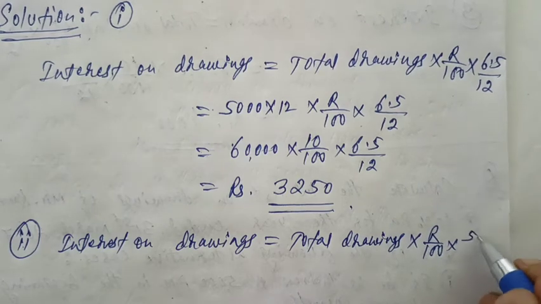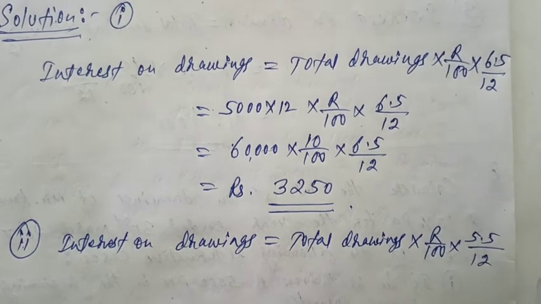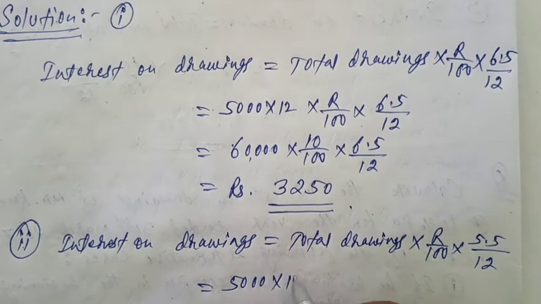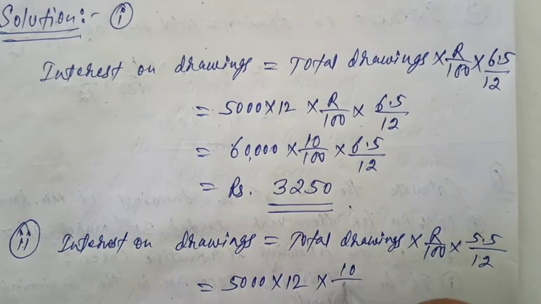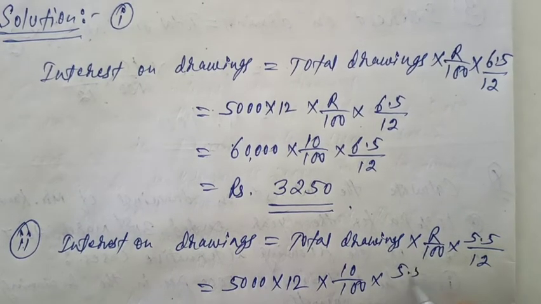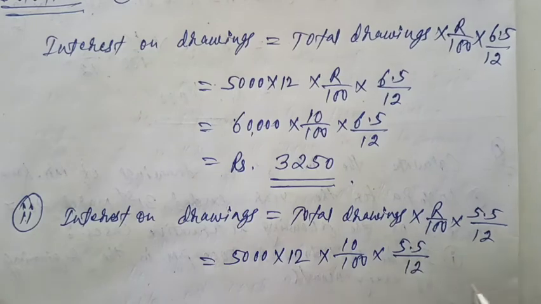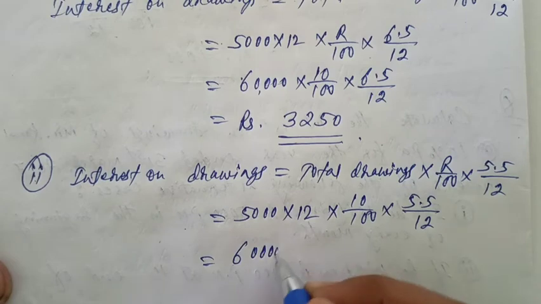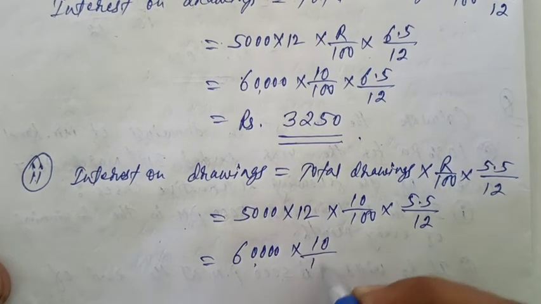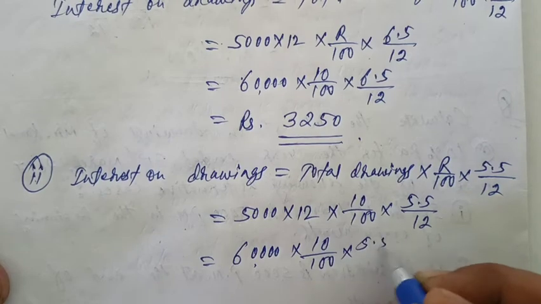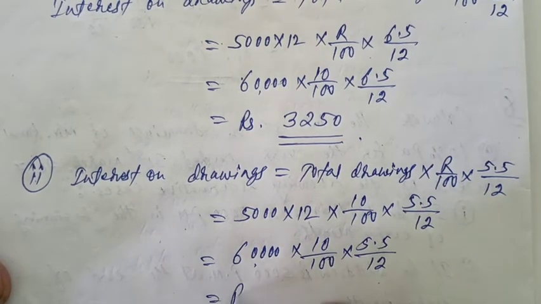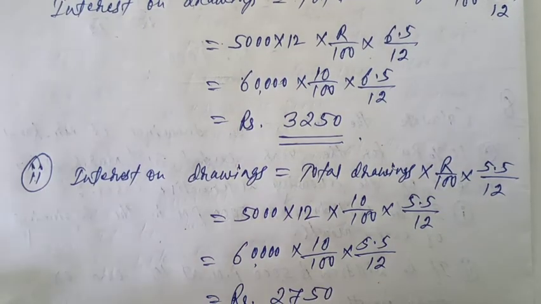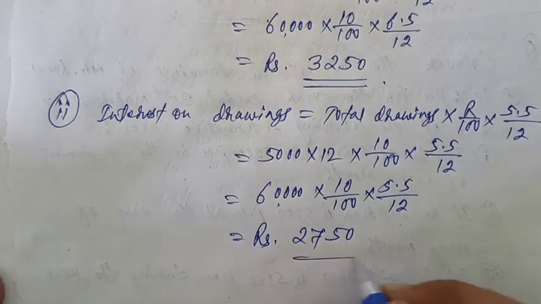If it is end of every month, then we'll take 5.5. Total drawings here are 5,000 into 12, that is 60,000, into 10% into 5.5 divided by 12. If you calculate this, we'll find interest on drawing 2,750. This is the solution for point number 2.